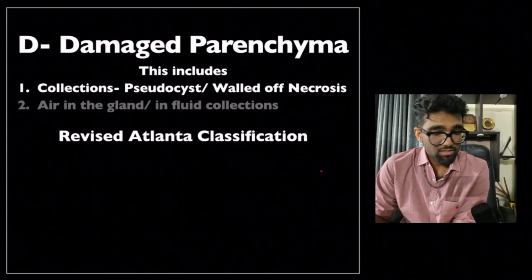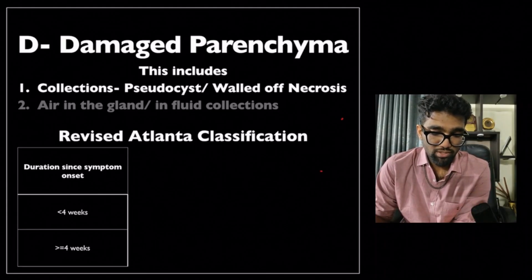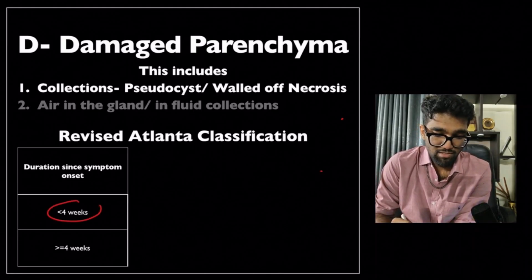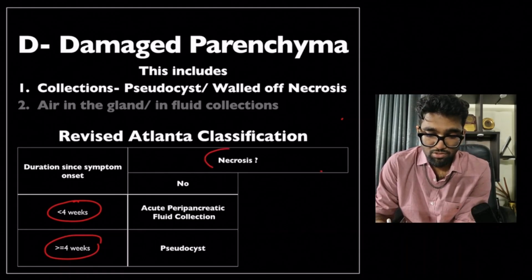Collections have had their nomenclature formalized, in what is called the revised Atlanta classification. The revised Atlanta classification divides them based on the duration of symptoms, as less than 4 weeks or greater than or equal to 4 weeks, and based on the presence or absence of necrosis.